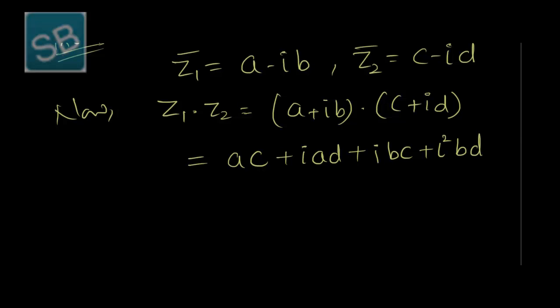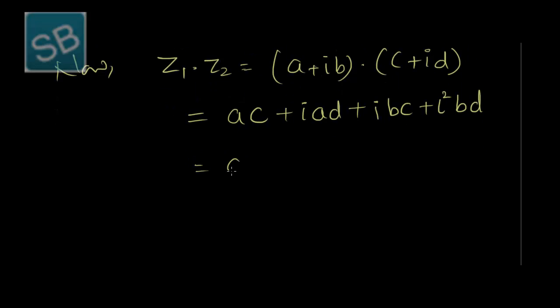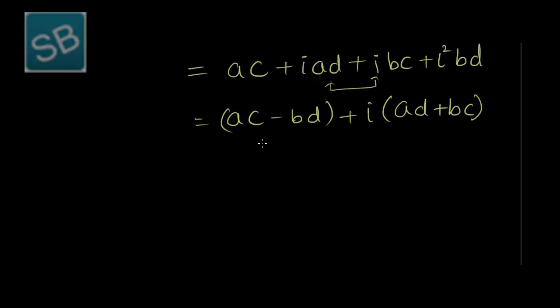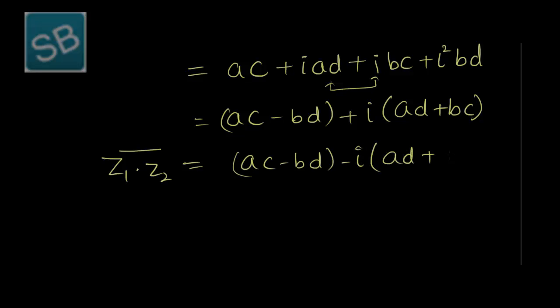As iota square is minus 1, so it becomes (AC minus BD) in one bracket plus iota, taking common from these two terms, (AD plus BC) in the bracket. Now we have to take the conjugate of these terms, that is (AC minus BD) minus iota (AD plus BC).